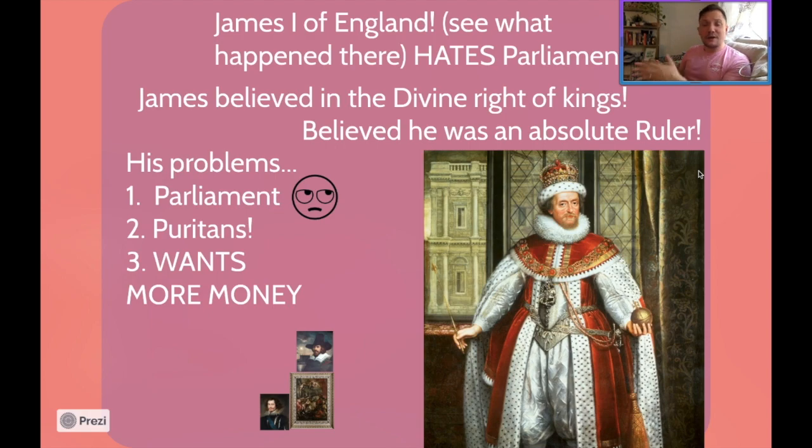For example, Mary Queen of Scots was loved by the secret Catholics of England, the Catholics that were kind of secretly hiding out in England, that wanted to remain Catholic, that were happy when Bloody Mary came to power. Those people are still there in the background. Then there's the Anglicans, that is the bulk of England. But then in Scotland, you got Presbyterians, a type of Calvinist, and then you've got Puritans in England.